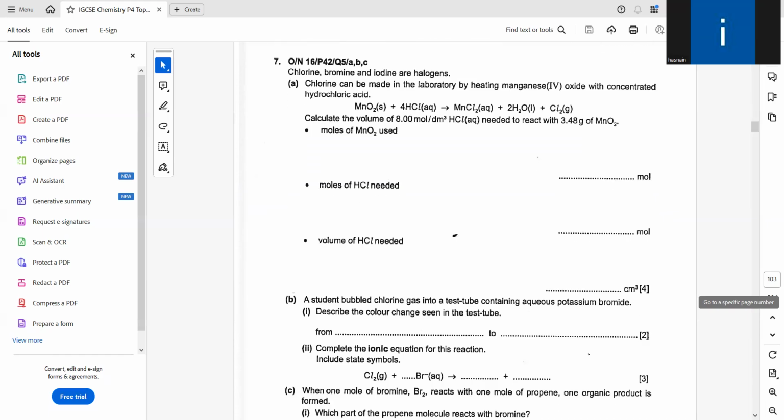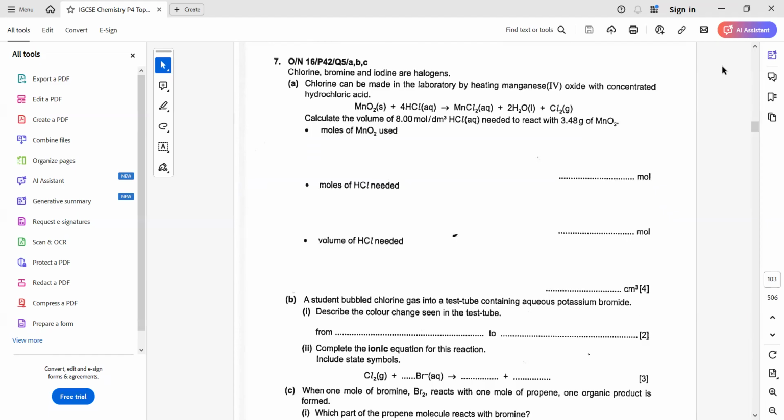I'll give you guys a few minutes to read it and try to think of it, whatever you think, and then I'll solve it. Okay? So I'll solve it. You don't have to solve it. Just read it and try to understand it.